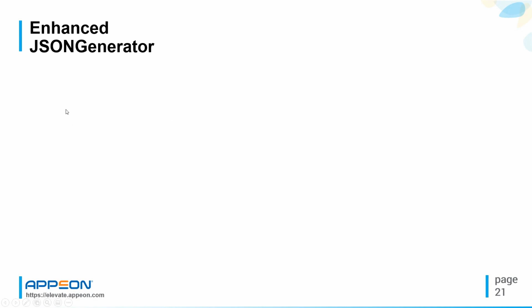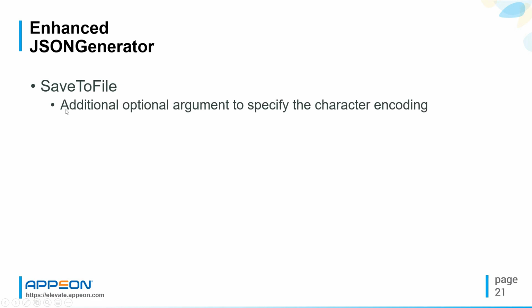Now we're going to look at the JSON generator. There's been a change to the save to file function. There's an additional optional argument now, which allows you to specify the character encoding. The default is encoding UTF-16LE, which is not typically the standard format you find JSON saved in.